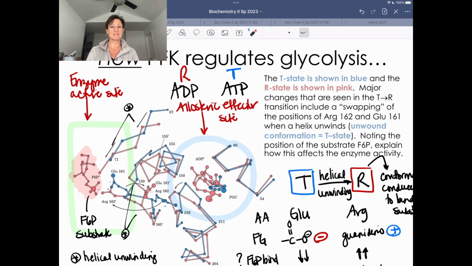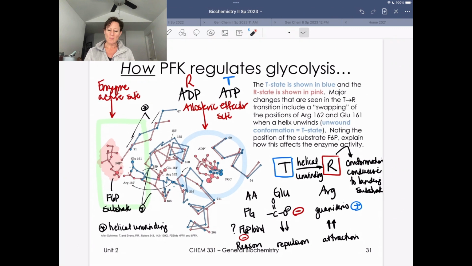And so F6P is not going to bind productively. Or we have helical unwinding that switches in an arginine residue, all of a sudden makes for a favorable electrostatic interaction with that F6P substrate. And all of a sudden now we're ready to do chemistry. All right, so some structural details about how PFK is regulated to control flux through glycolysis.